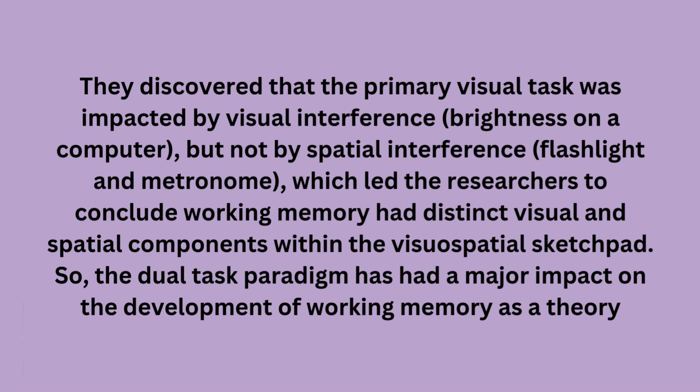They discovered that the primary visual task was impacted by visual interference, brightness on a computer, but not by spatial interference, that is flashlight and metronome, which led the researchers to conclude working memory had distinct visual and spatial components within the visual spatial sketchpad.